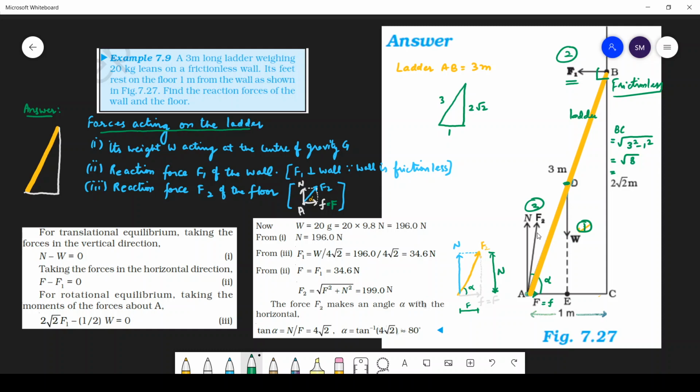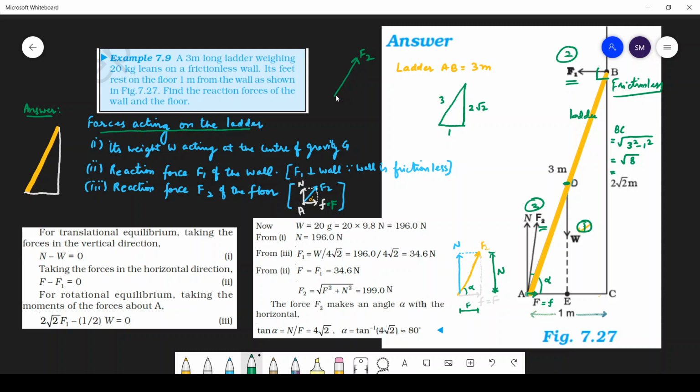Now the reaction force of the floor is inclined at angle alpha, so this force F2 will not be vertical, because this is not a frictionless floor; friction is being provided to prevent the ladder from moving further. The only important thing to understand here is this F2, the reaction force due to the floor on the ladder.